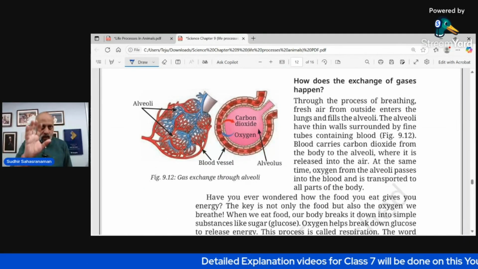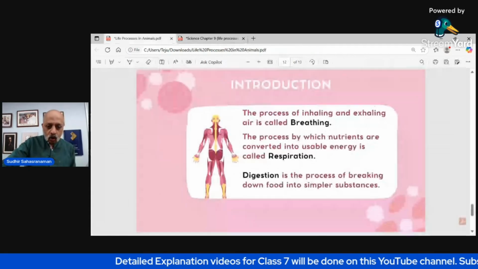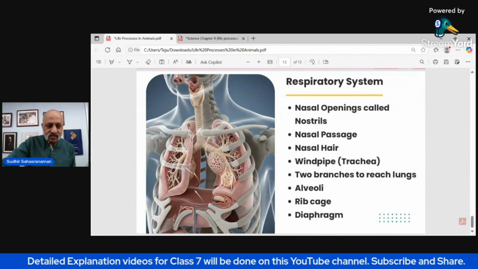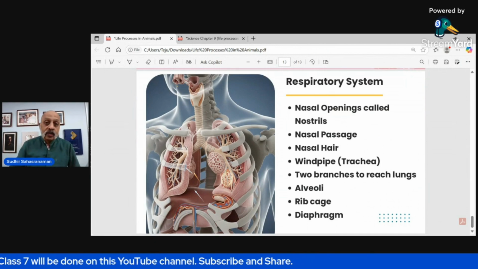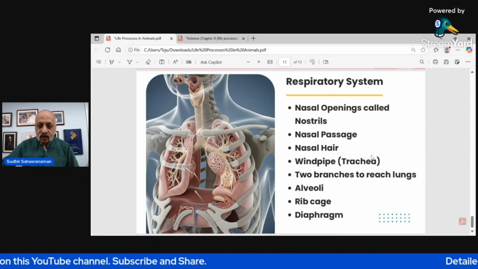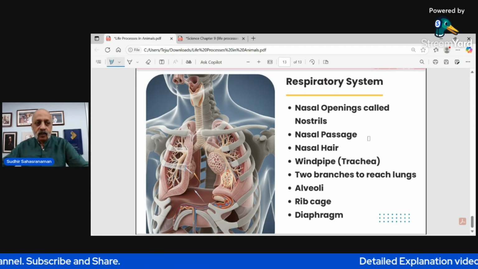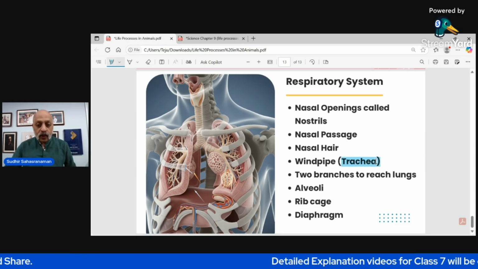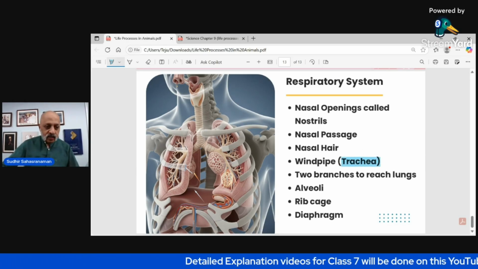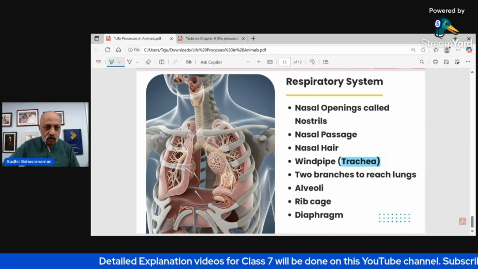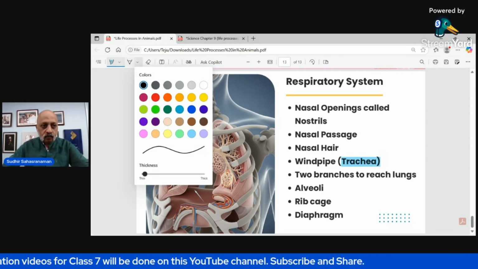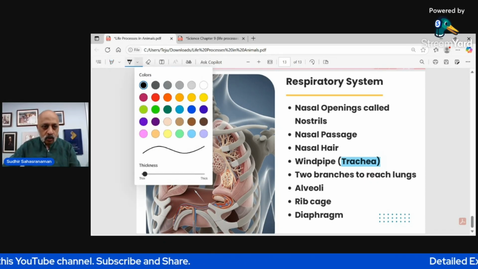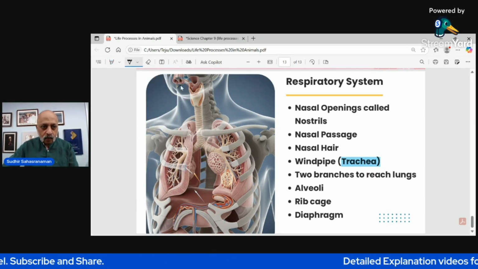Now let's come to this part, which is a little more complicated. This diagram shows you the different parts. The windpipe is also called the trachea. Let me do a quick revision. You have the nasal openings, the nose, and from the nose you are coming in like this.